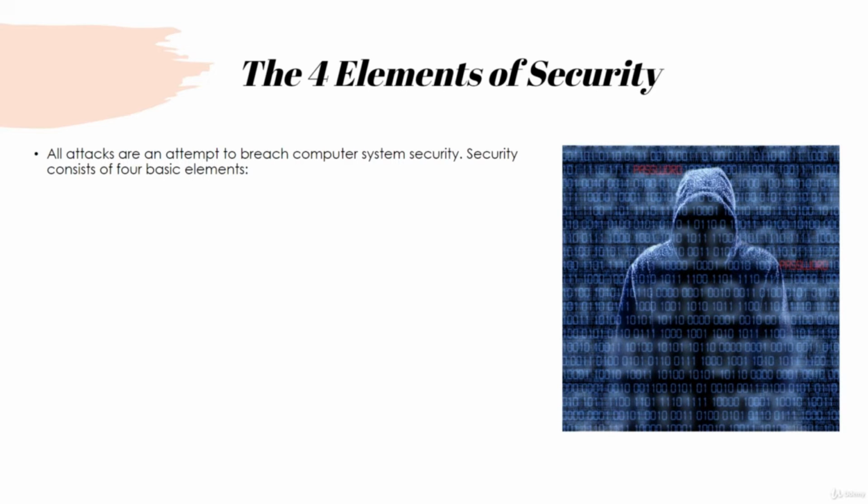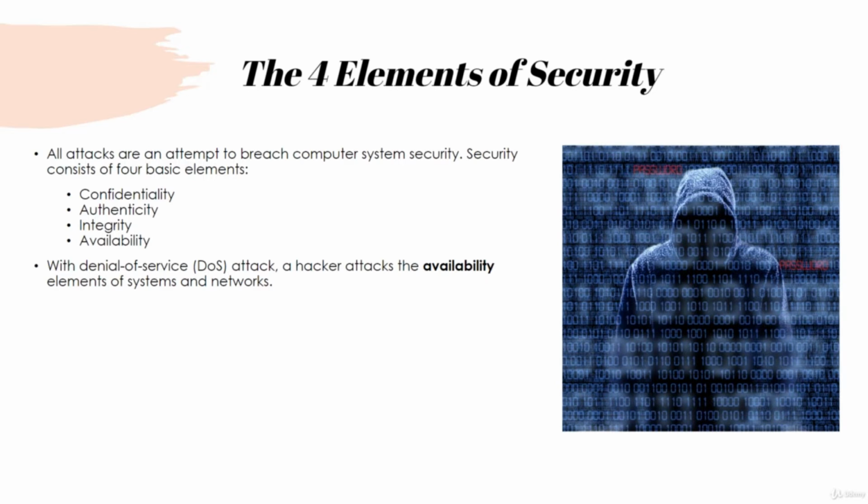That's why it's important to understand what these 4 are and the different types of attacks that are generally within these 4 elements. So let's go into the first one here. The first one is confidentiality. The second one is authenticity, and we're going to walk into these in some detail with some examples. And then we have integrity, and then we have availability.